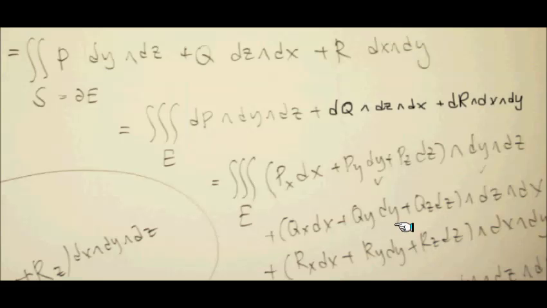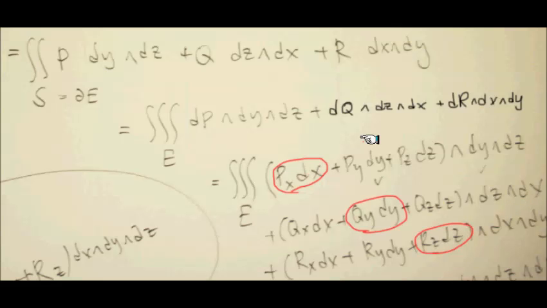So the only thing that survives is dy. So it's going to be just Qy dy dz dx. Here we have x and y, therefore the only thing that survives is the z part. So let me circle those. These are the only dx part, the only part that does not have dy or dz components, and therefore the determinant is not 0, so they survive.